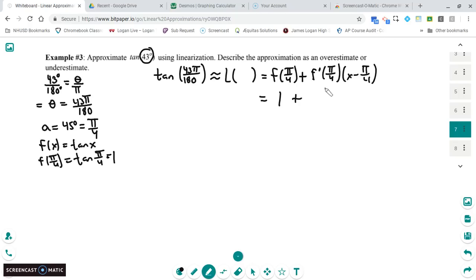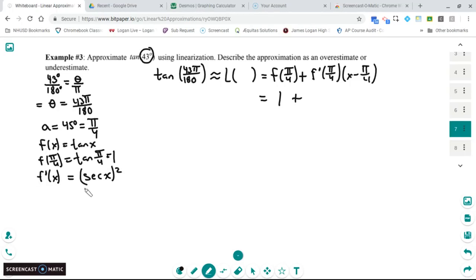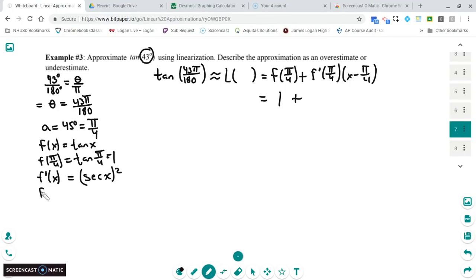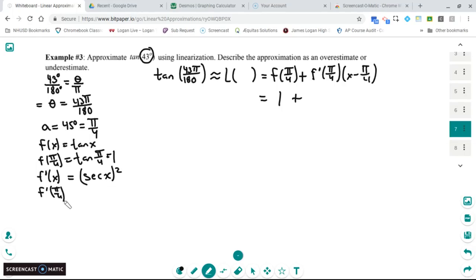Plus, now I need the slope, tangent slope at pi over 4. So let's take the derivative. Derivative of tangent is secant squared. So I'm going to write that as secant of x quantity squared. And then I evaluate that at pi over 4. So secant of pi over 4, and then I square that number.